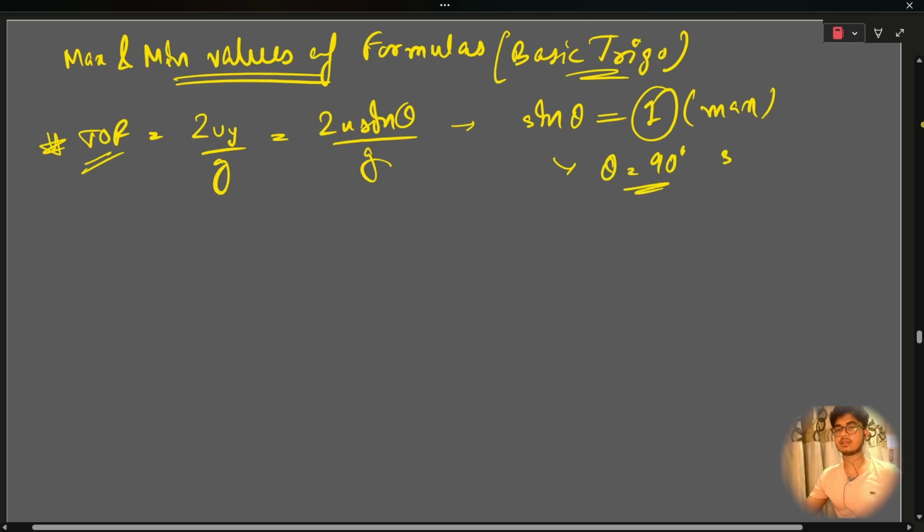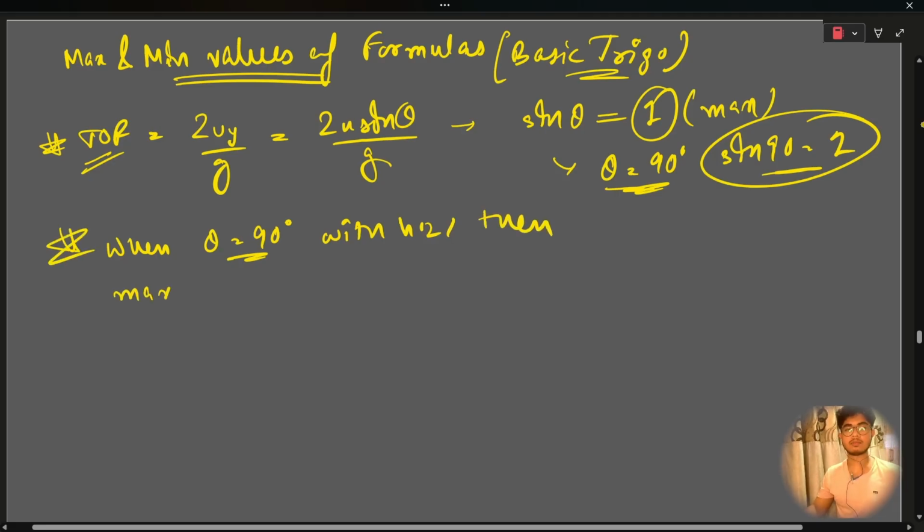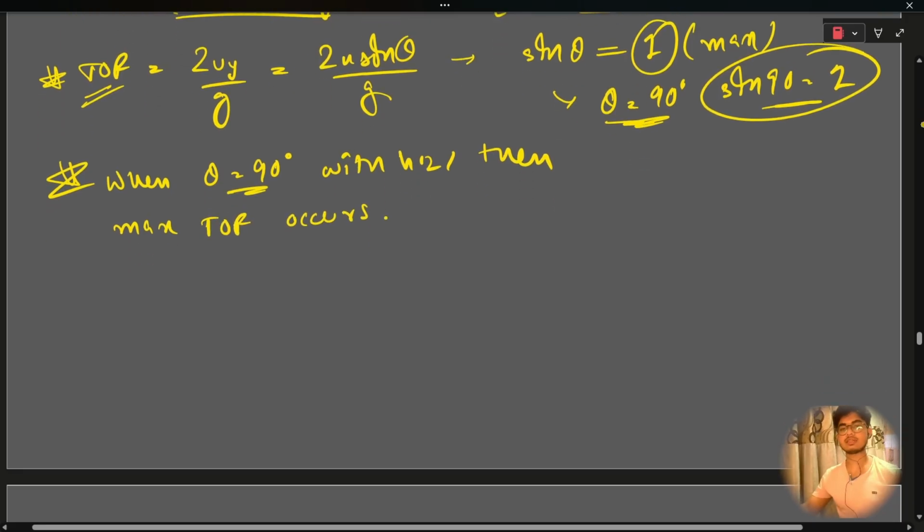When theta equal to 90 degrees, because sin 90 equal to 1, which is the maximum value of sin. So when theta equal to 90 degrees with horizontal, then maximum time of flight occurs. Okay, so basically it's this motion only. This is Vy. It's making 90 degrees with the horizontal. So it's basically the motion we talked about in 1D. In this case, time of flight is maximum.